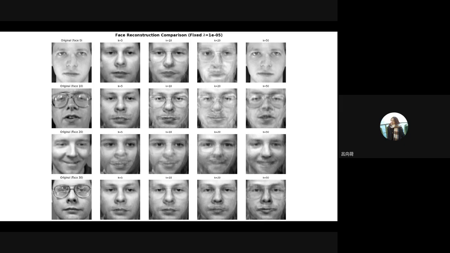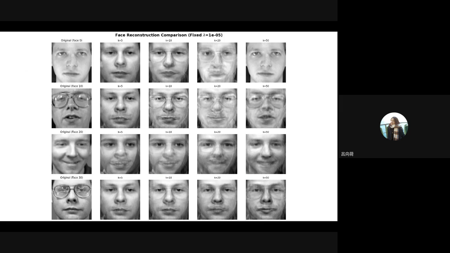I think it was because maybe when K equals 10, we took fewer pictures, and each picture can show its characteristics more.